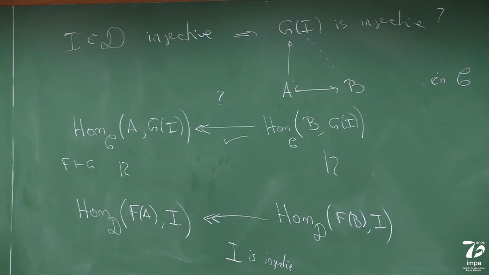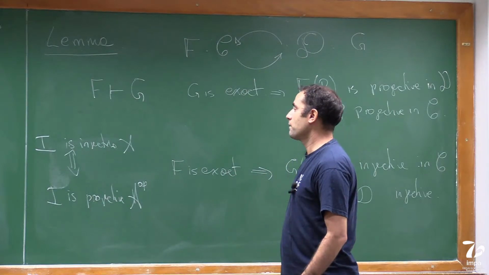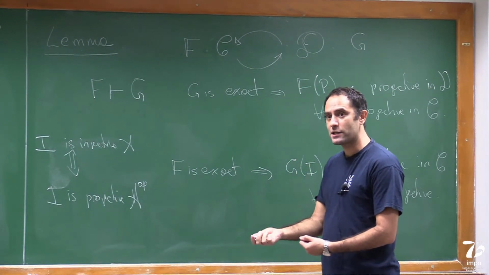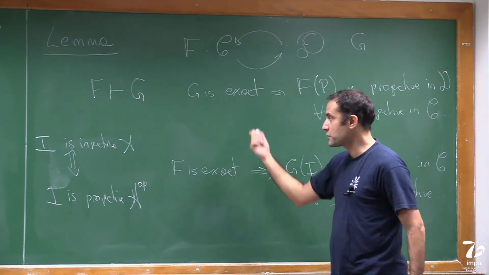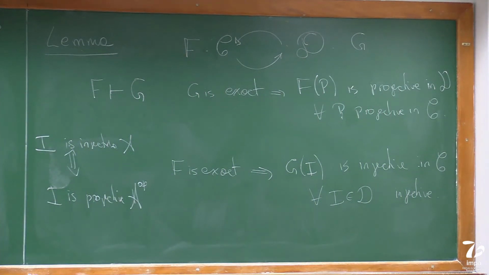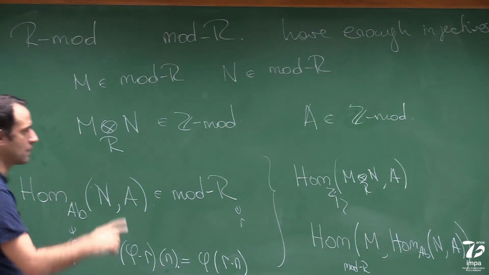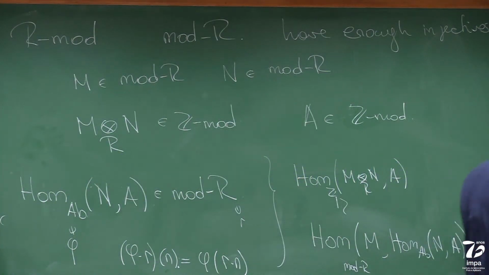So we have that if we have a pair of adjoint functors, and one of them is exact, then its adjoint preserves either projectives or injectives. All right, so I'm going to apply that in this situation. These are the functors. I don't want to erase this board. So these are the two functors that I want to use.